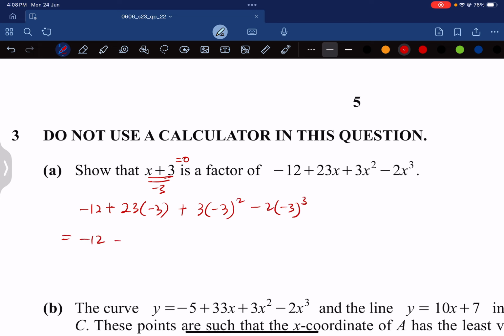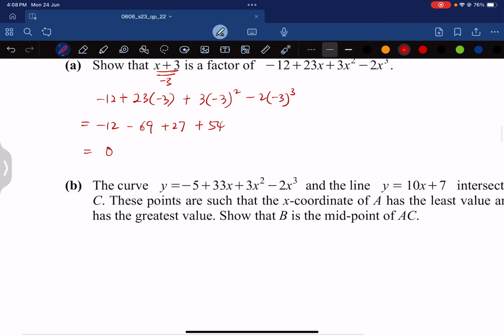So this is negative 69, this is 27, this is positive 54, so it's 81, yeah, 0. Okay. Just need to prove that the result is 0, that is good enough.